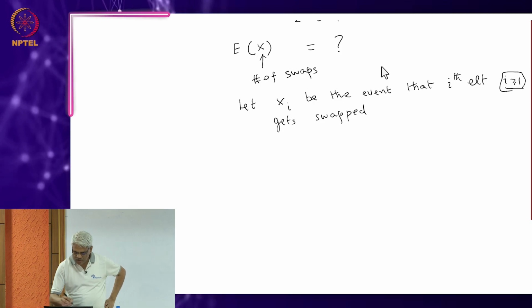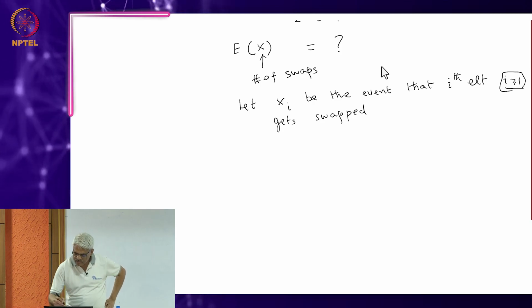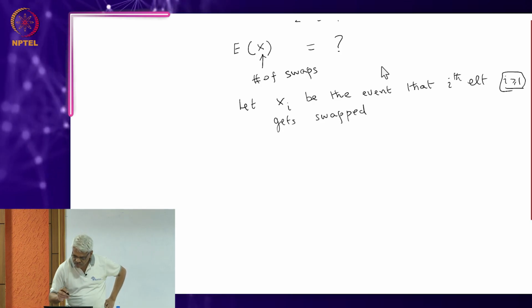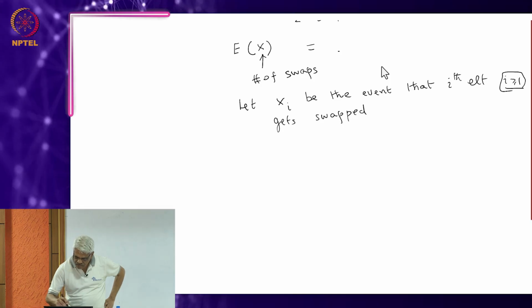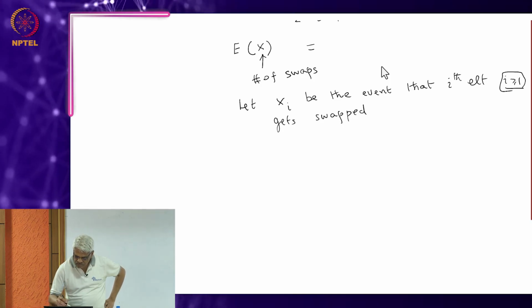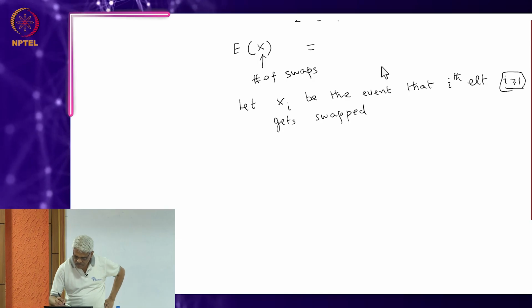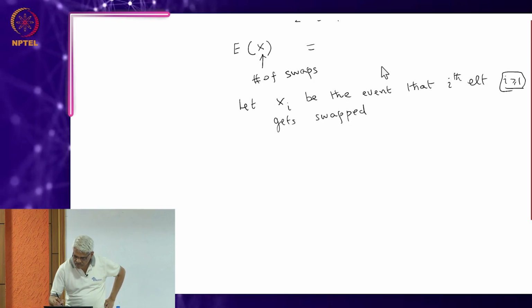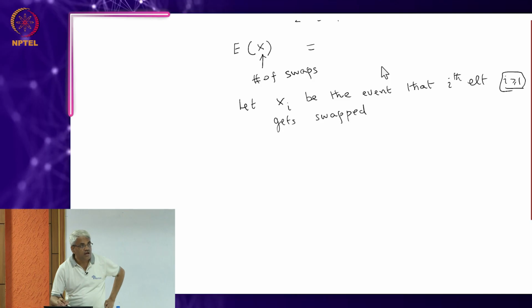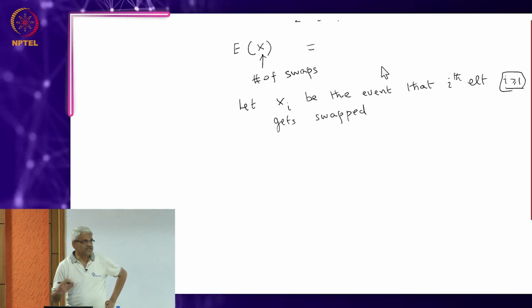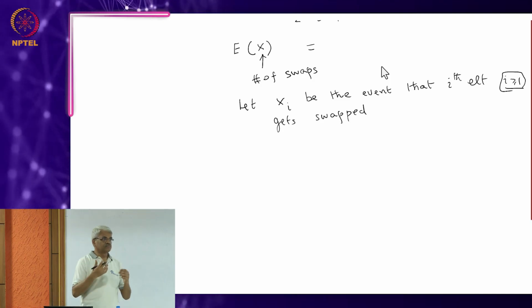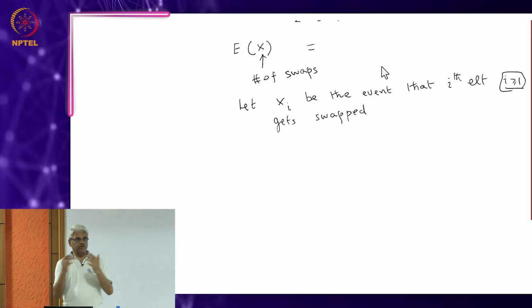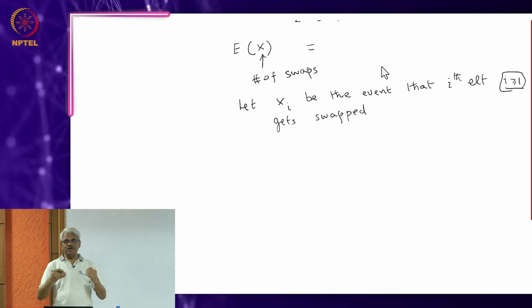Now, can somebody tell me what is E of x? What is x? X is the number of swaps at the end. Can you say it in terms of xi?